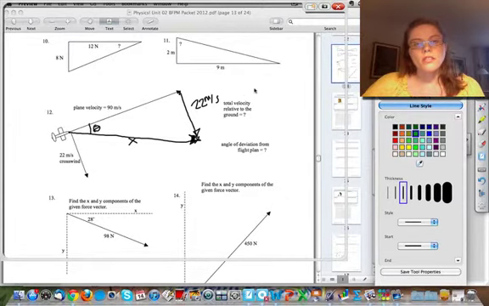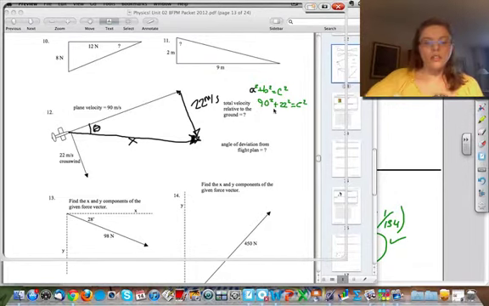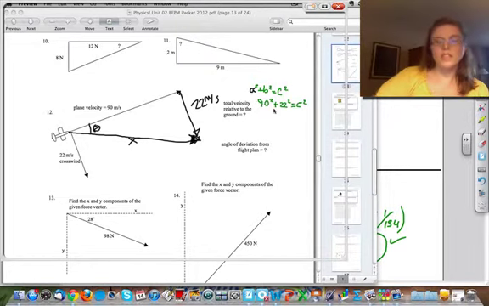So we do a squared plus b squared equals c squared, and so a is 90 plus b squared, 22, equals c squared, and so you solve for that, 90 squared plus 22 squared, square root of that is 92.6.